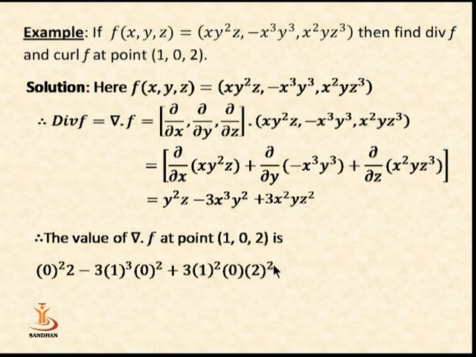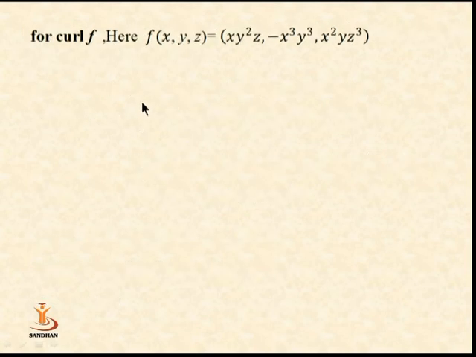Thus we get the value 0 into 2, 0. Again here 0 is available, so the multiplication of this component is 0. Again we get 0. Therefore divergence f is equal to 0. So we see that it is a scalar quantity. Thus the example also says that it is a solenoidal function.